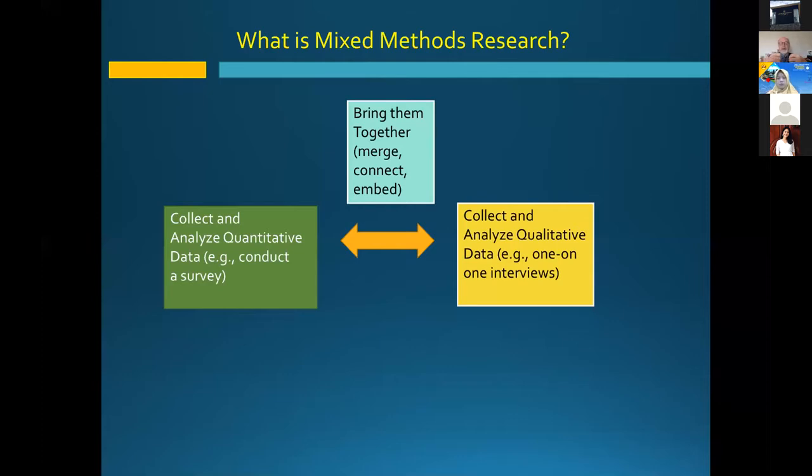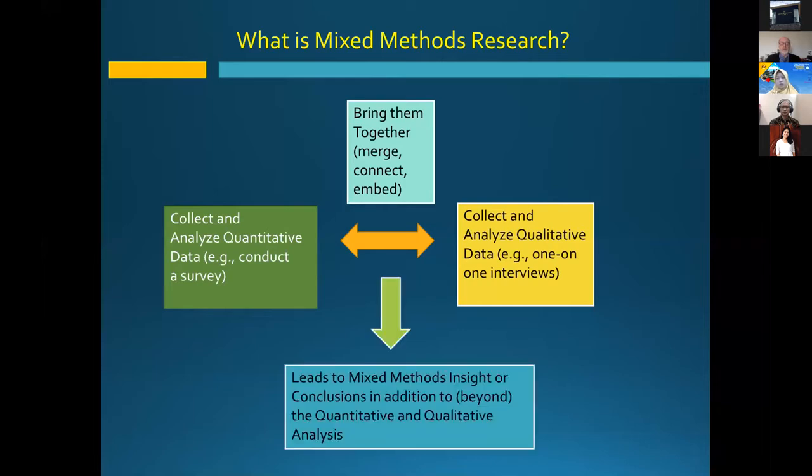They're going to actually merge or combine into each other, or they're going to connect where one follows the other, or we're going to take the two databases and embed them or nest them in some larger process. From this bringing together, the term in mixed methods that we'll be using is the integration procedure.